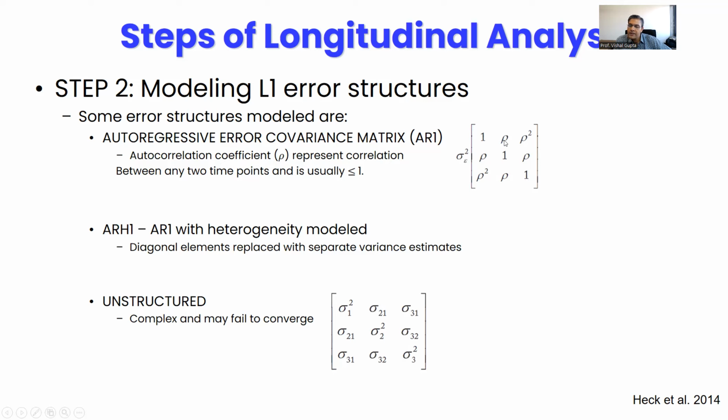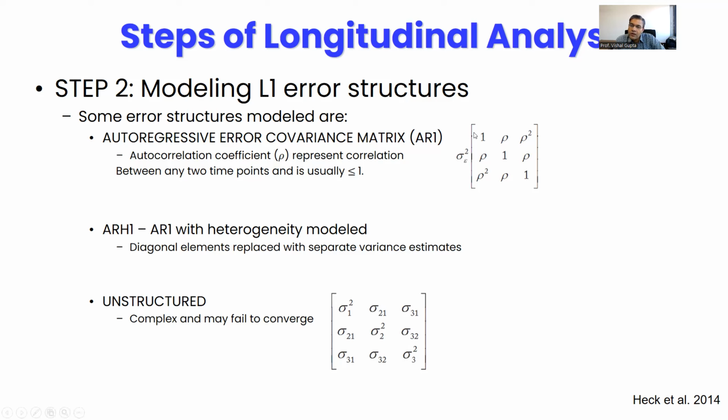So if rho is less than 1, let's say it is 0.2, then we are saying data at time 0 and data at time 2 has a correlation of 0.2. This is our correlation coefficient phi, 0.2, and data between time 1 and time 2 was phi, time 1 and time 3 is phi square, which is 0.2 squared, so 0.04.